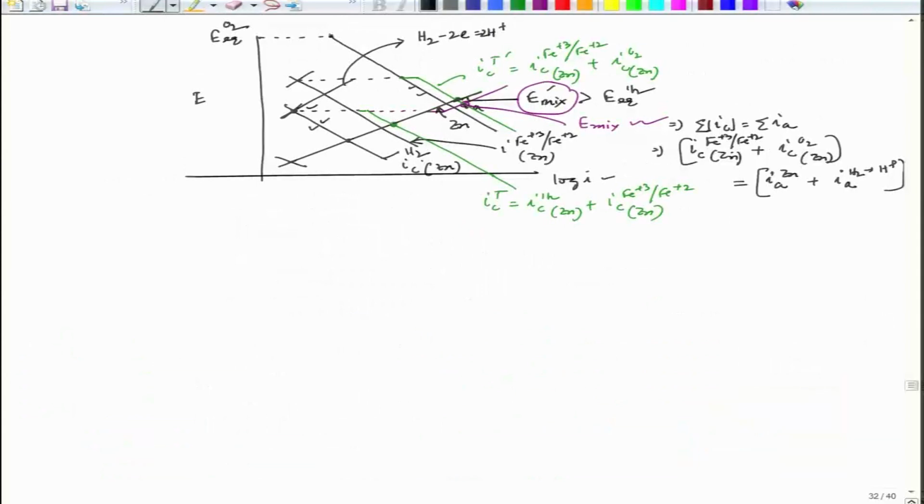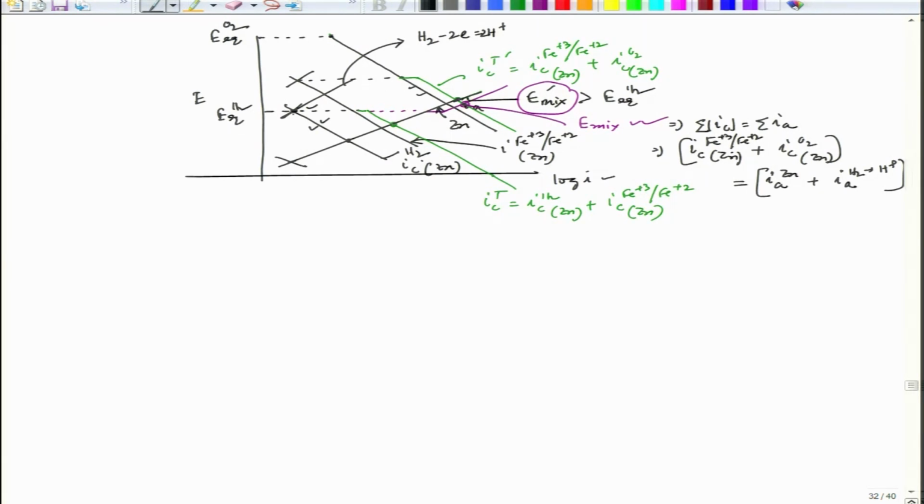But here we see that if the situation is like this, when it reaches the mixed potential, that potential lies above the E equilibrium hydrogen line.